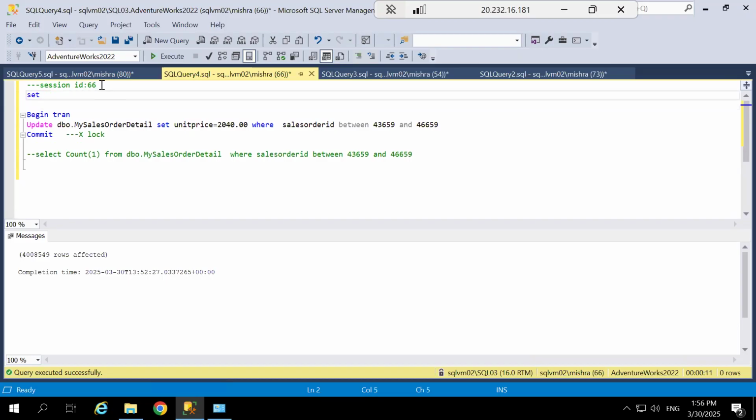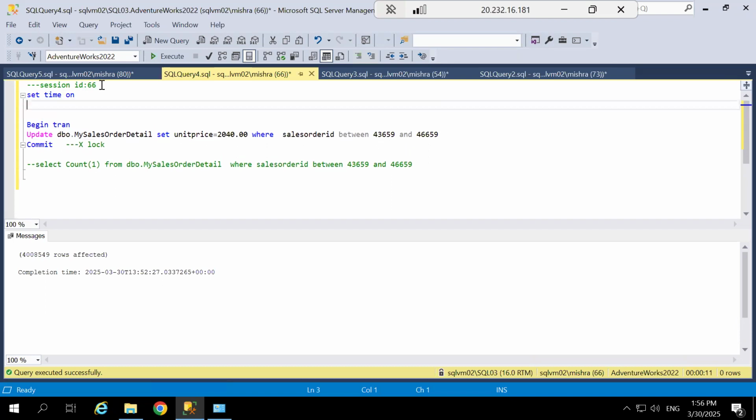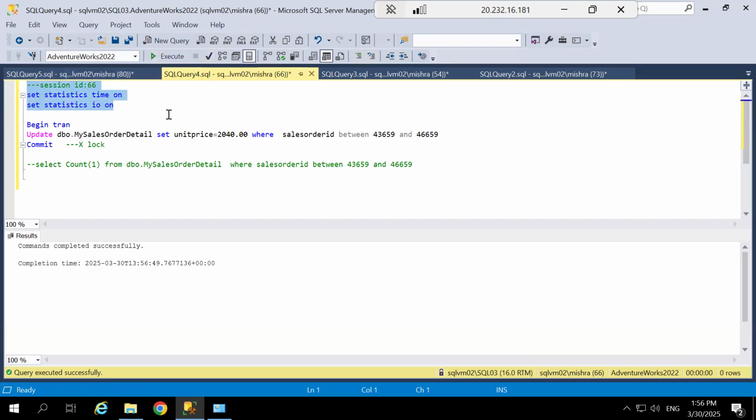So SET, what is that command? SET STATISTICS TIME ON and SET STATISTICS IO ON, right? That's fine.